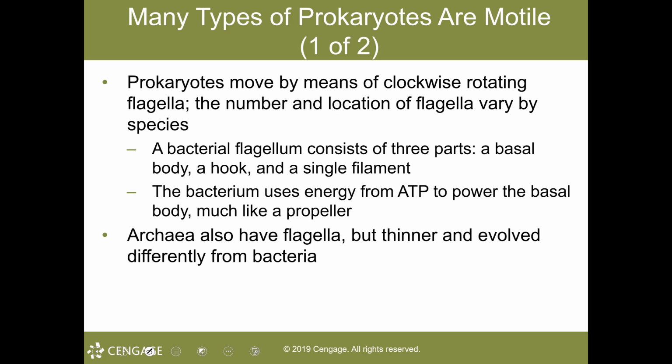So many types of bacteria are motile, and they can move by rotating their flagella. That flagellum consists of three parts, which I want to ask you about, but it uses energy in the form of ATP to allow them to move, much like a propeller. Archaea also have flagella, which act as a propeller, but of course it's thinner.